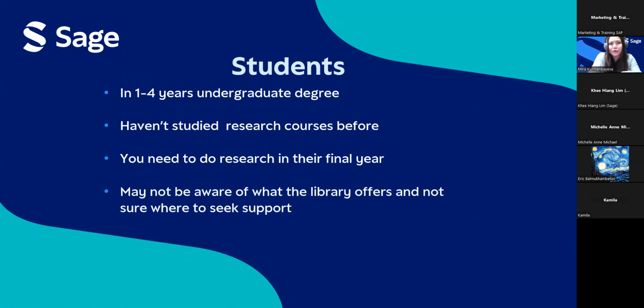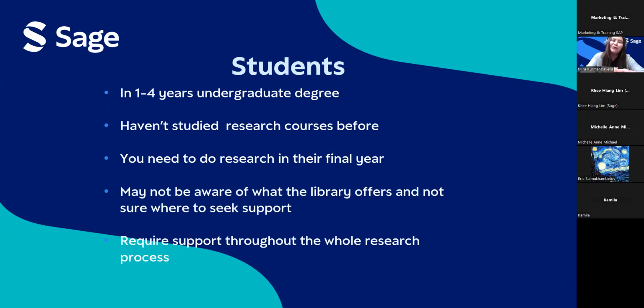You may also not be aware that your fantastic library offers you a lot of resources at the moment. And normally, students are not very motivated, because I was a student too, so I know what I'm talking about. I was not very motivated to ask for support or seek support. That's why we're here today to talk to you about Sage Research Methods. And of course, you require support throughout the whole research process.